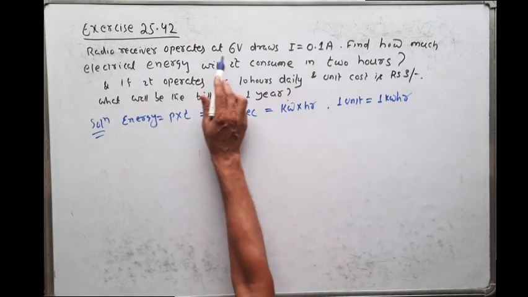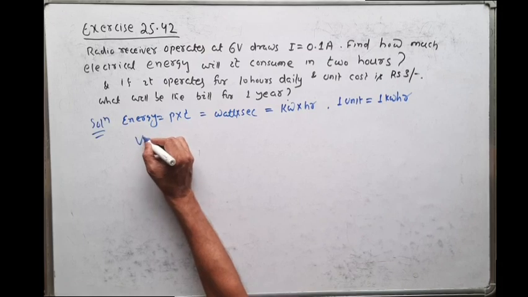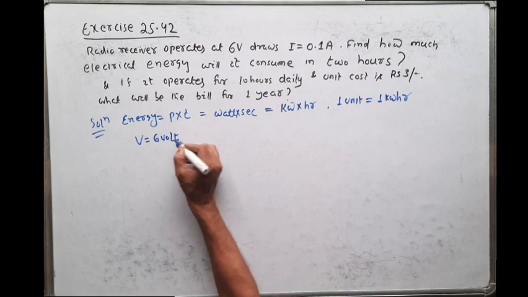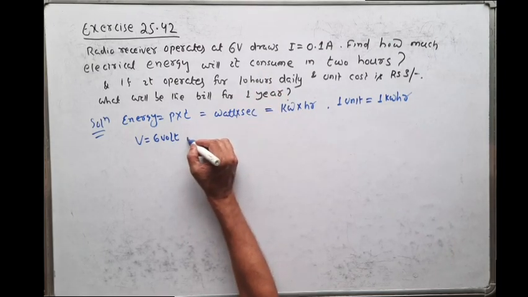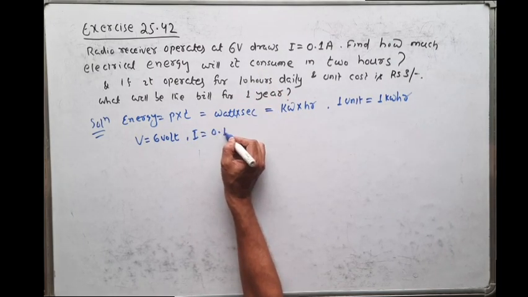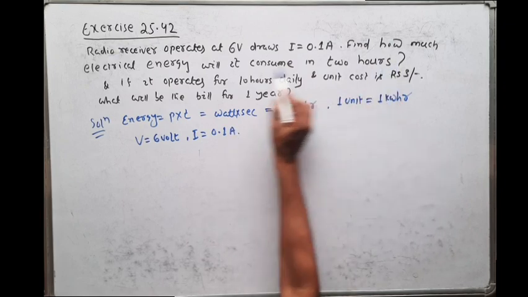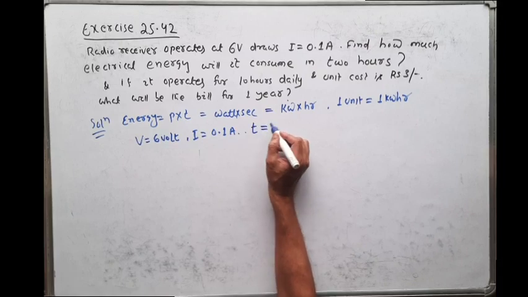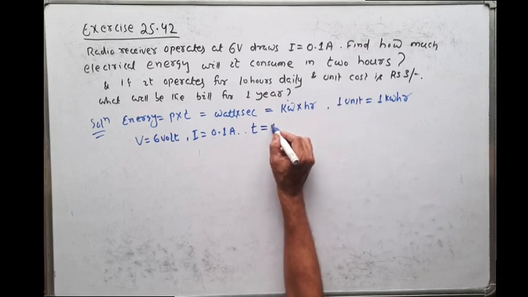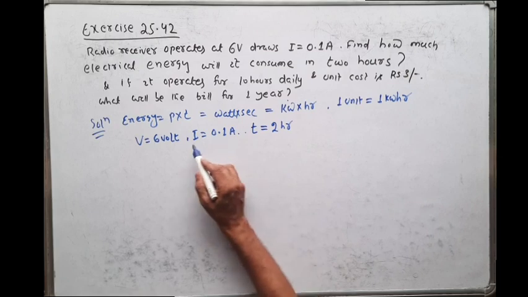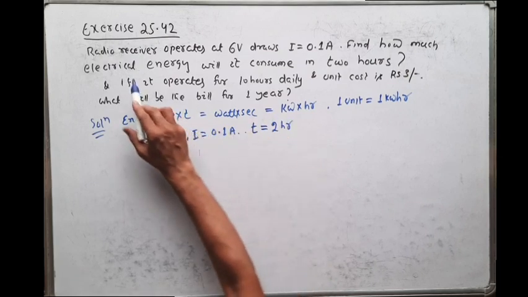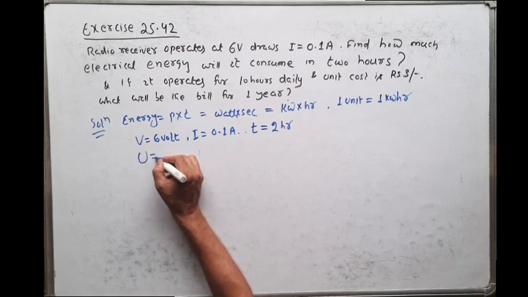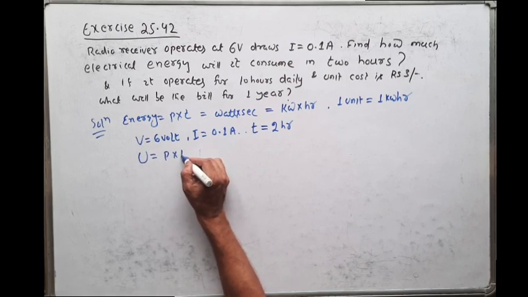Here a radio receiver operates at 6 volt. So the voltage rating, the radio is operating at what volt? Terminal voltage is 6 volt. It draws what current? 0.1 ampere. And how much electrical energy will it consume in 2 hours? So the radio operates for 2 hours, let us say. Then what is the electrical energy? Electrical energy, let us say U, is equal to power into time.